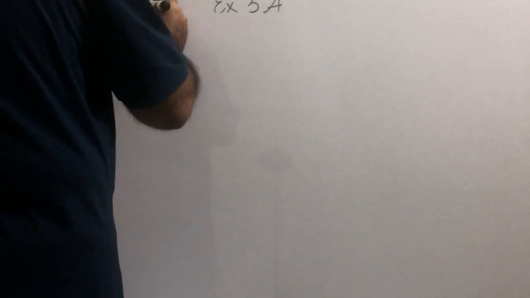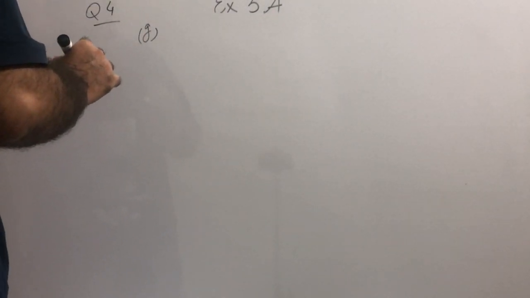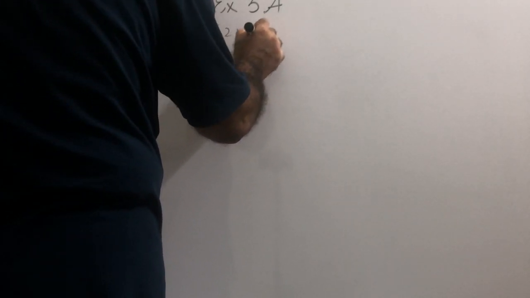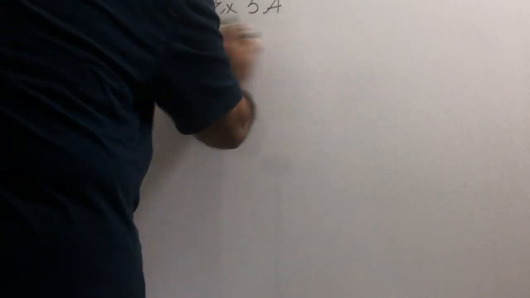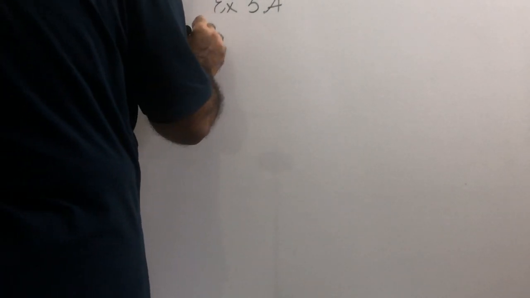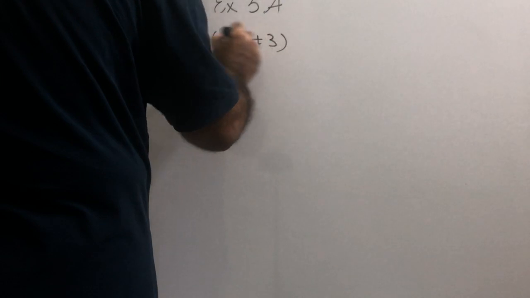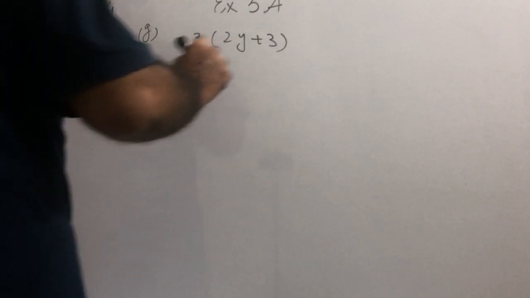Part G is 3 into 2y plus 3 is equal to 4y plus 3.